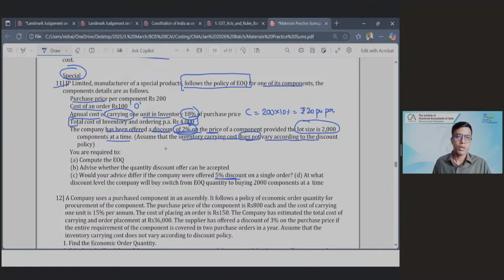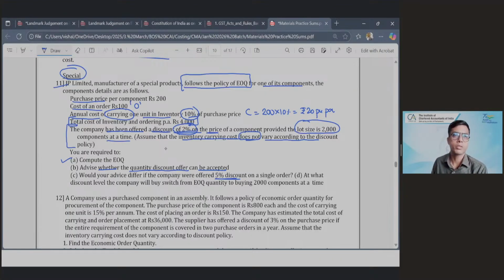But this requires the same comparative answer what we have been doing, finding out total cost of EOQ and finding out total cost of ROQ. Same working will be done because we have to suggest whether the company should accept the discount offer or not. This is the question. Before that, we have to find out EOQ because we will be doing comparison between total cost of EOQ and ROQ.